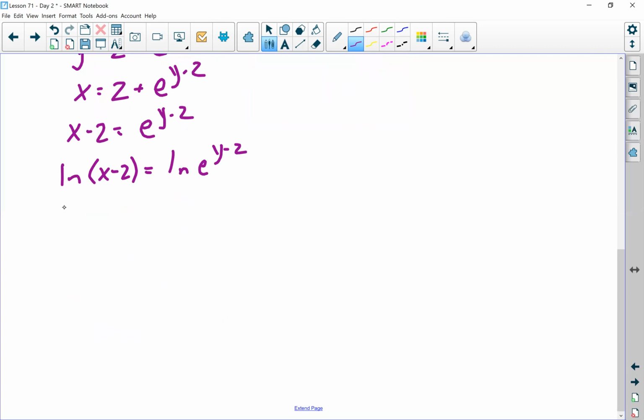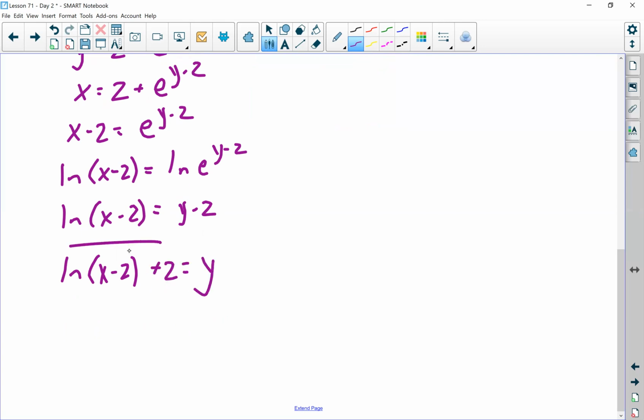So the left-hand side, ln of x minus 2, would be equal to y minus 2. Then to get the y by itself, we add 2. So the parentheses are kind of important, so that we know that the 2 is not inside the ln, that plus 2. And that's it. That's the inverse.